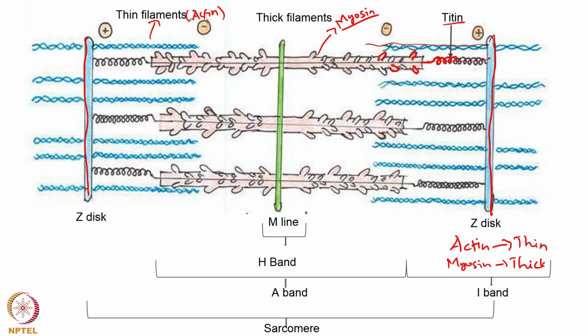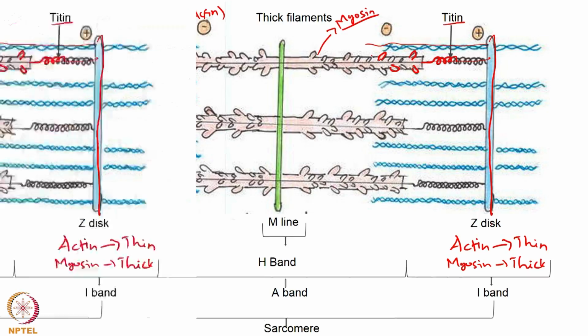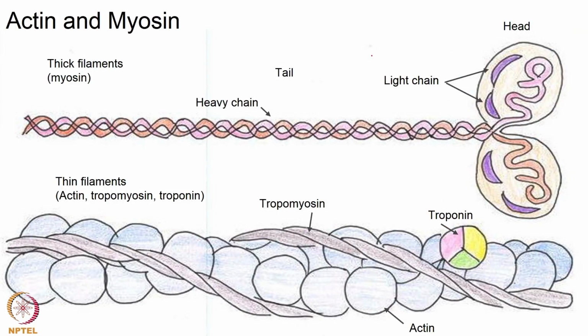Now, what is the thin filament composed of? We need to see that. The thin filament is composed of not just actin, but there are other things which are essential for its function. Actin is a crucial component of course, and it contains what are called active sites or binding sites.